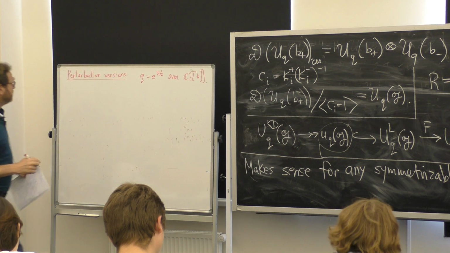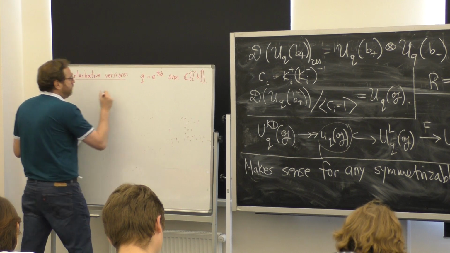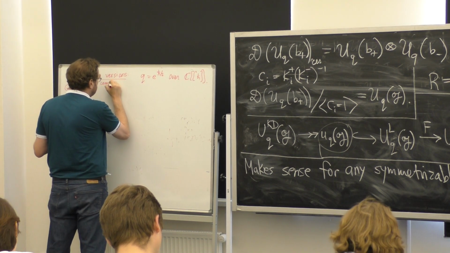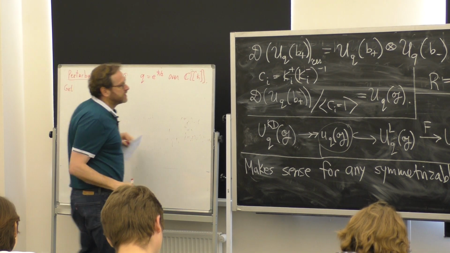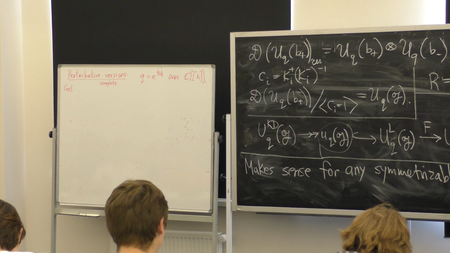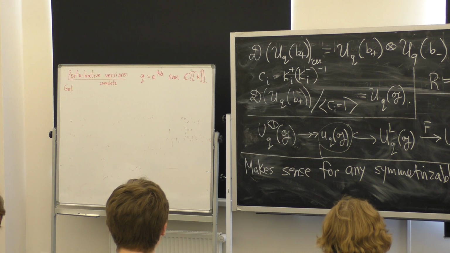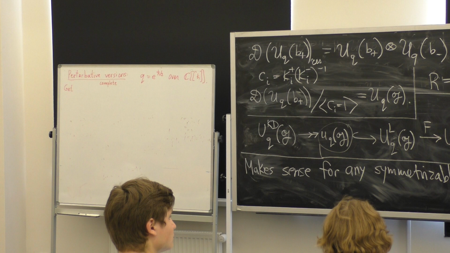And in this case, you define the algebras in the same way, but you complete. So you can write down the relations. You will have relations for e's, and similar relations for f's.